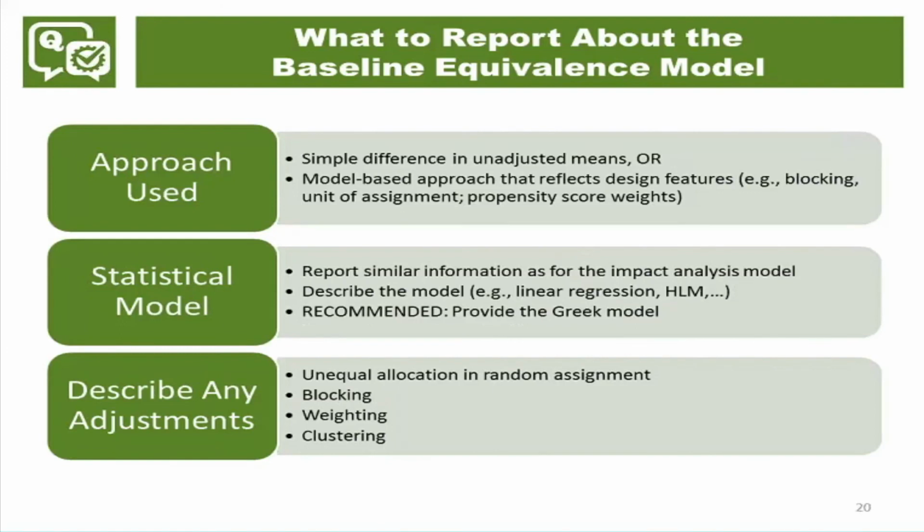For more information about establishing baseline equivalence, you can see a guidance document that has just recently been posted on the TA website that goes into a lot more detail about how to establish baseline equivalence and calculate the baseline difference.